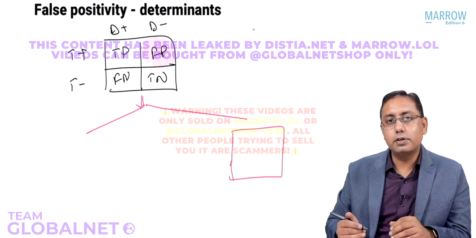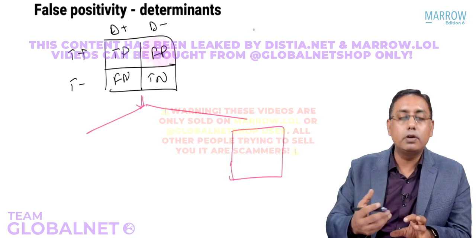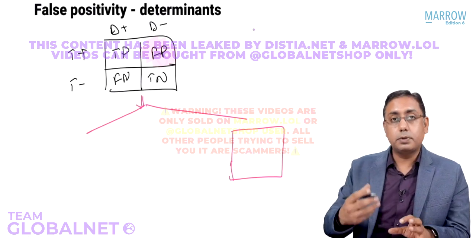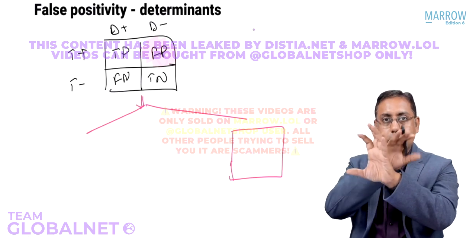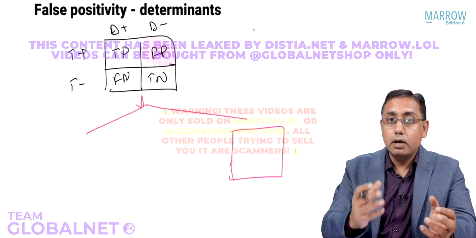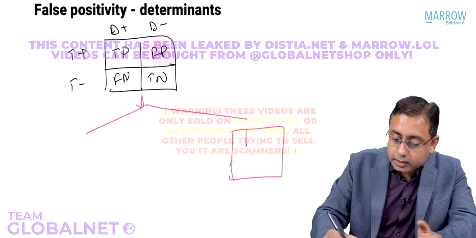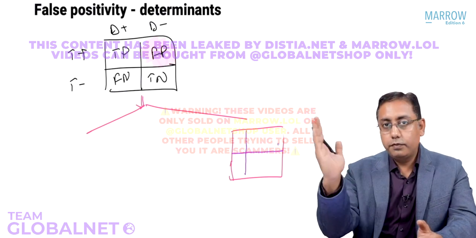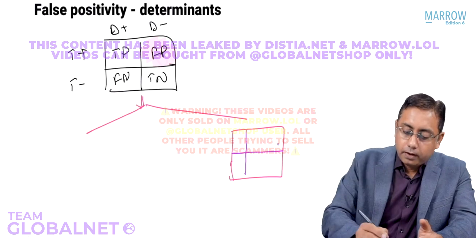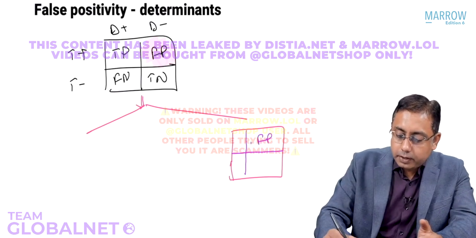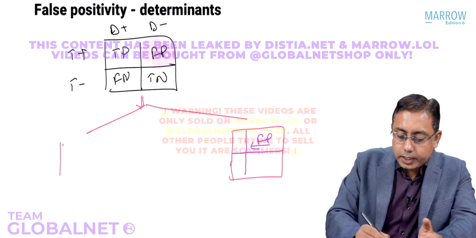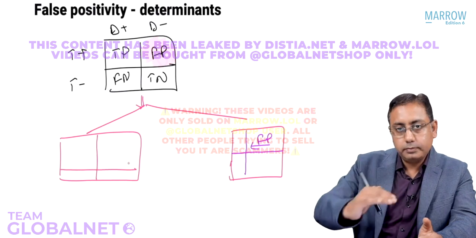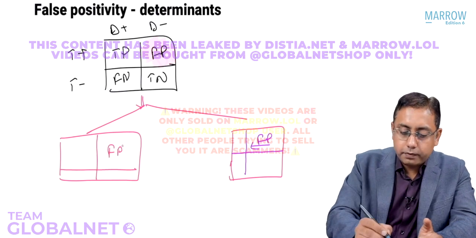Coming back to under what situations the false positivity may be high. The false positive cell in this whole box can be high if the cells move like this. If the cells move like this, that means the false positive will be higher. Or there could be another situation where the cells drop down, so now the false positive is again higher.